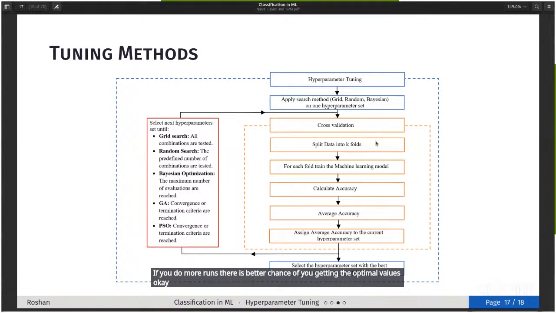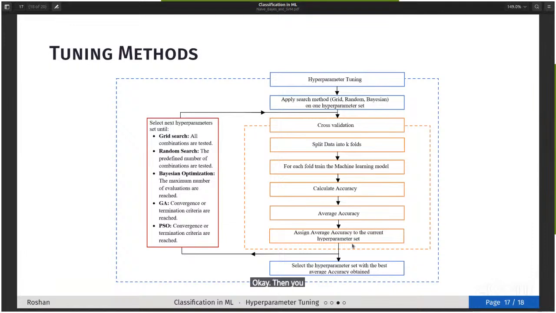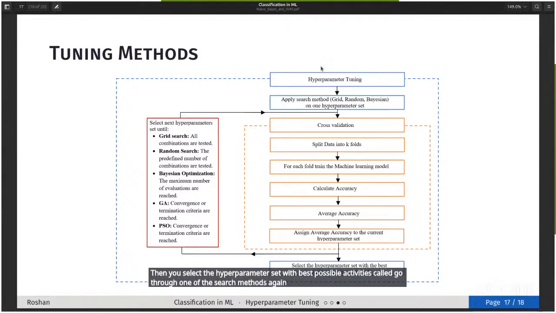So what you do is cross validation for each fold, train your model, calculate accuracy, get the average, and assign the average accuracy to the current hyperparameter set or combination you're trying. Okay, then you select the hyperparameter set with the best possible accuracy score, go through one of these search methods again, then do the search again.